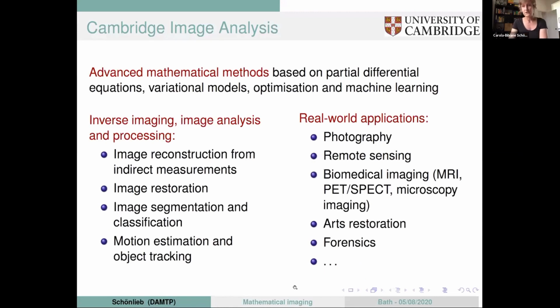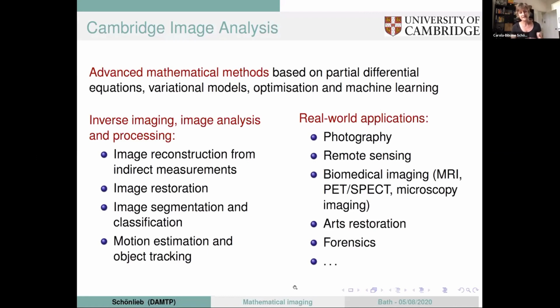So what do we do in the CIA? We develop new mathematical methods in the context of applied mathematics in general, applied analysis in particular, so partial differential equations, variational models, optimization, and machine learning.